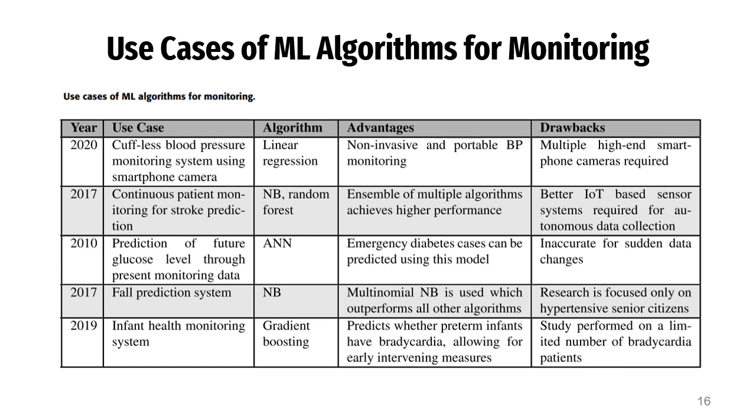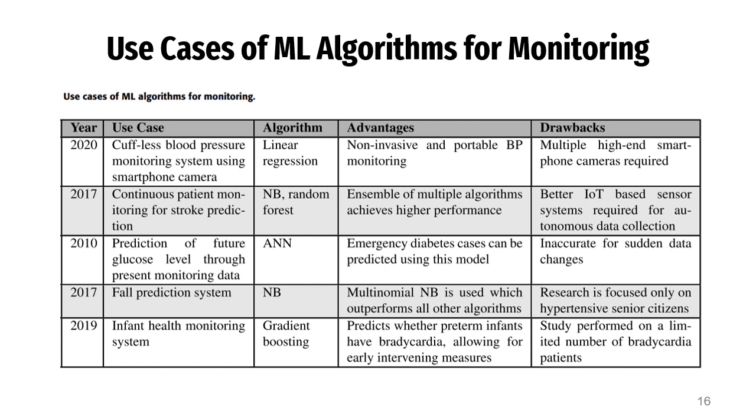The year 2019, infant health monitoring system. Here we monitor the health conditions of infants, and the algorithm used is gradient boosting. The advantage is that it predicts whether preterm infants have bradycardia, allowing for early intervening measures.